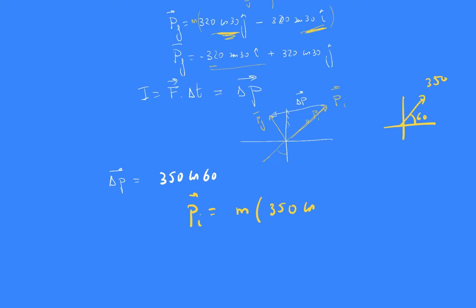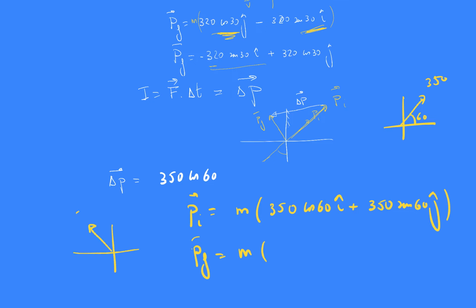So it was 350 cosine of 60 in the i direction plus 350 sine of 60 in the j direction. This was the PI, and the PF is the mass times the velocity, but the velocity was like this. You remember it was like this. It was 320 instead of 350. And this angle was 30, and this angle is 60 then, because everything is 90.